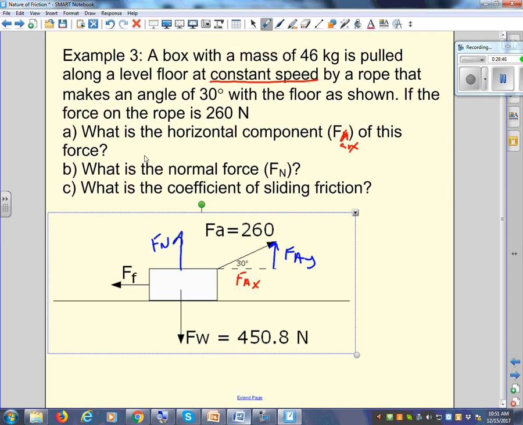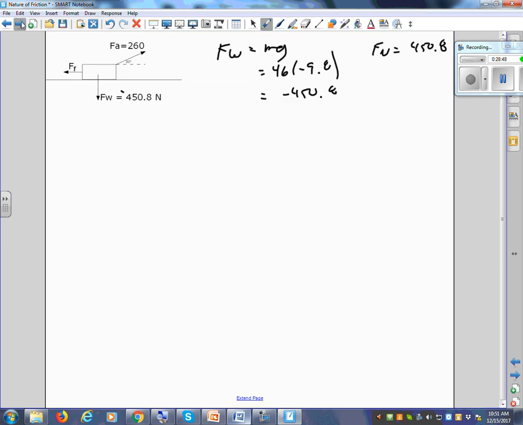But first of all, part A, what is the horizontal component? So all we really have to do, I guess, for part A, is find my FAX, which we know to be FA cos theta. We learned that last unit. FA cos theta. So 260 cosine 30 degrees.